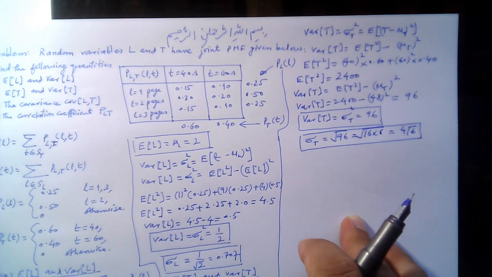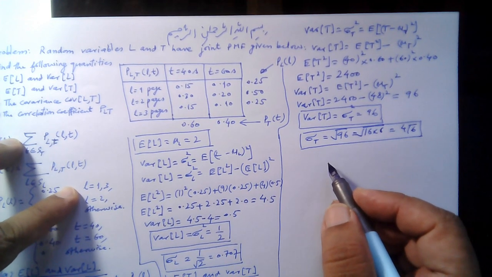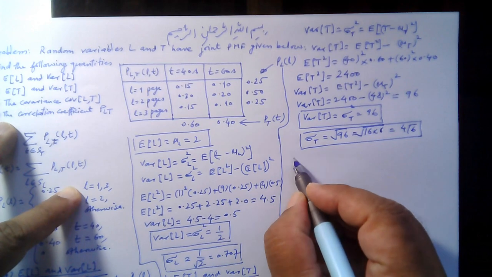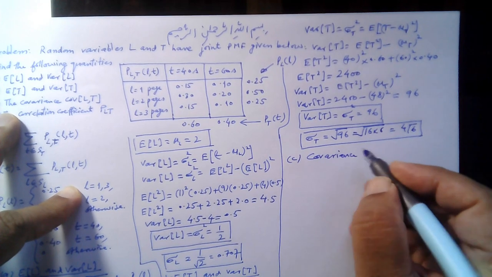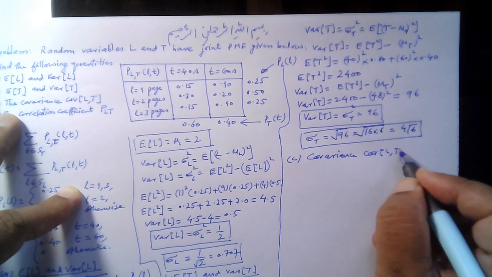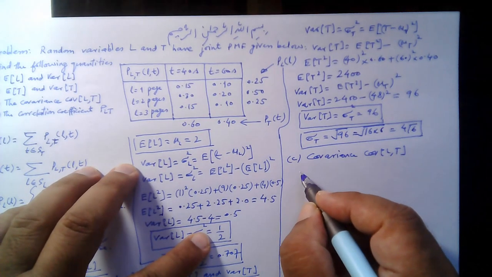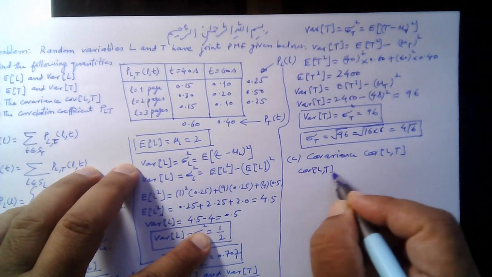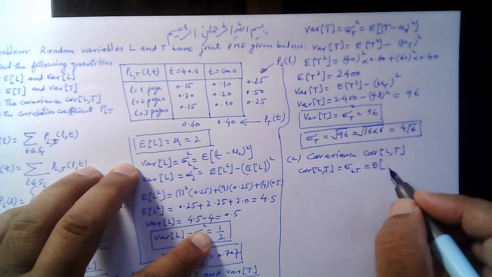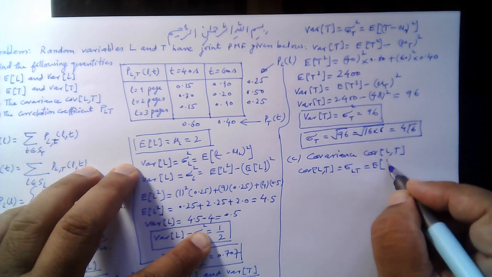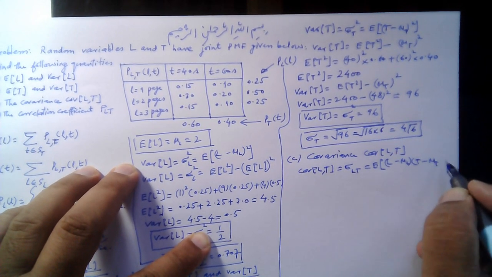So the third part now is to find the covariance. The covariance of random variable L and t, which is also denoted like this, is given by the expected value of the function (L minus mu L) multiplied by (t minus mu t), right?